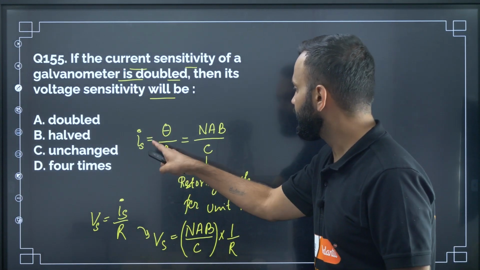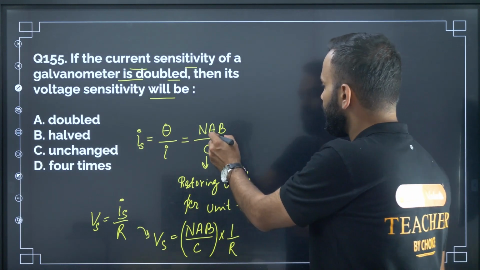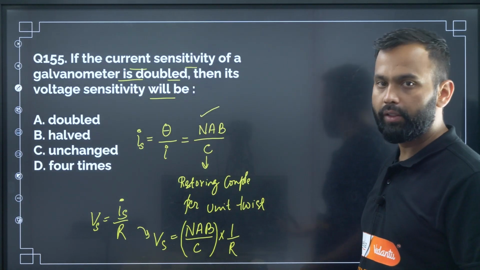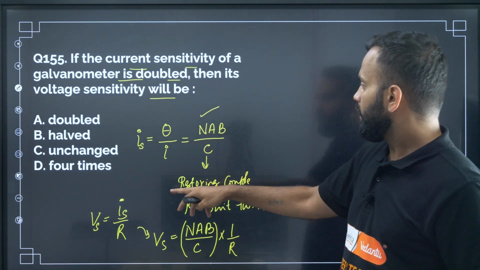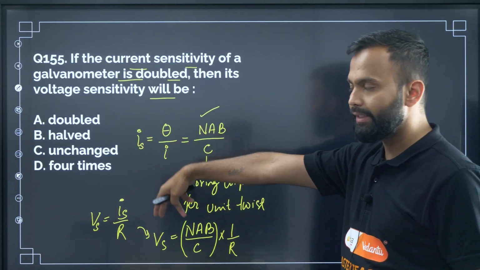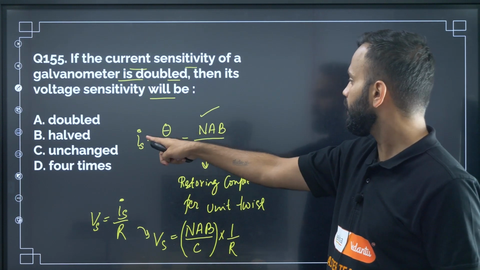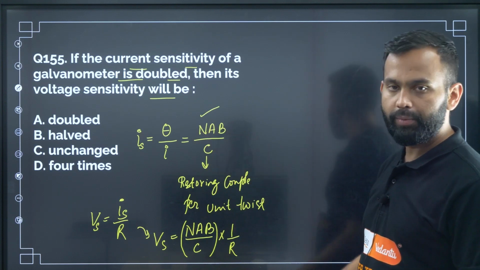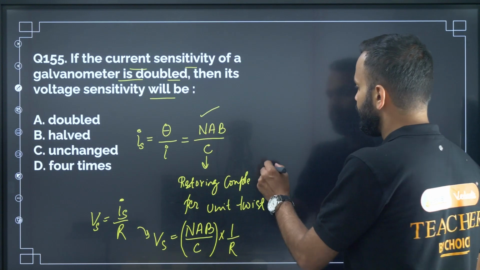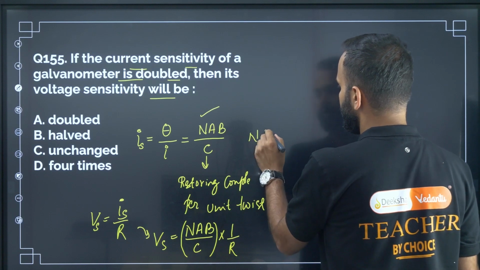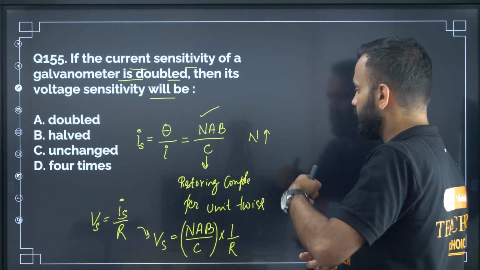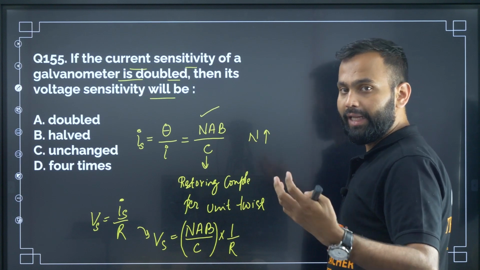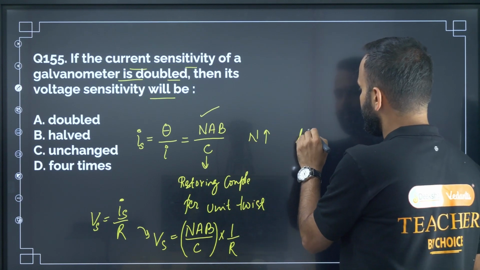If current sensitivity is doubled, then we need more number of turns, so N has to be doubled. If the number of turns increases, then the length will also increase.